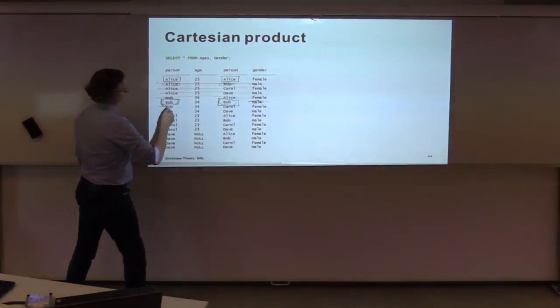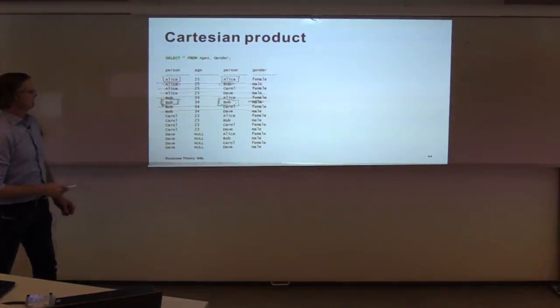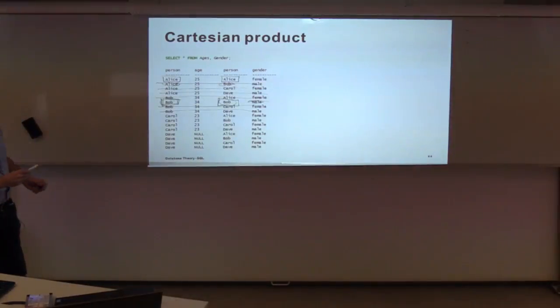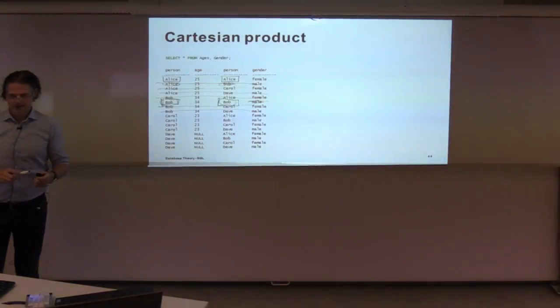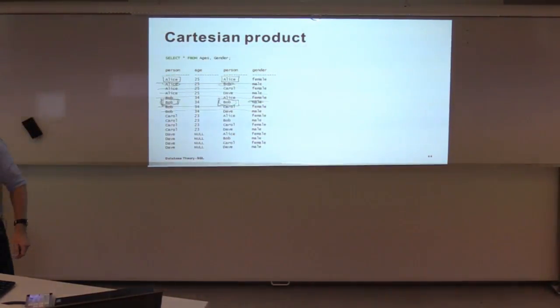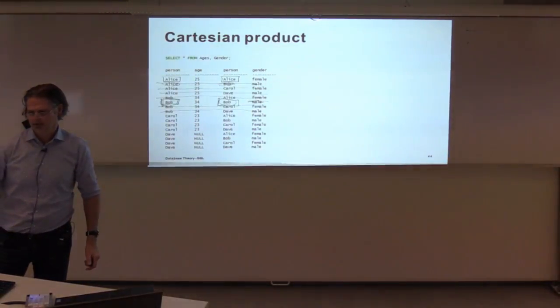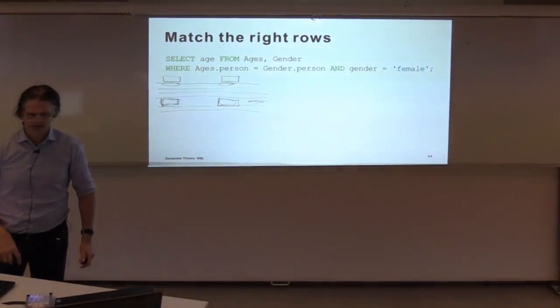And Bob and Carol doesn't match, and so on. So it means that you will only get Alice and Carol as a result set. So if you don't do those joins correctly, you will end up with the Cartesian product. You need to reduce that set.